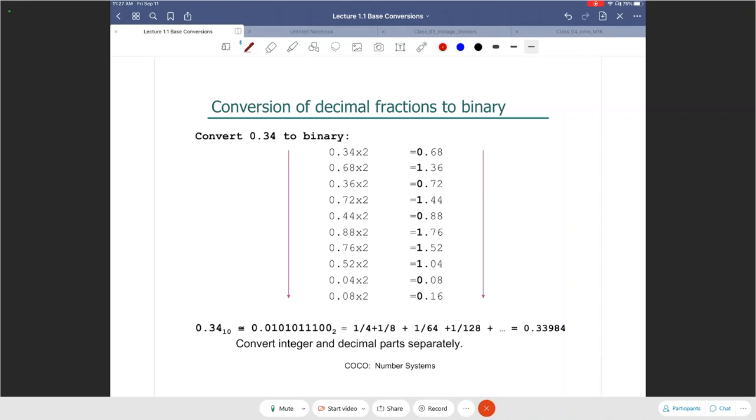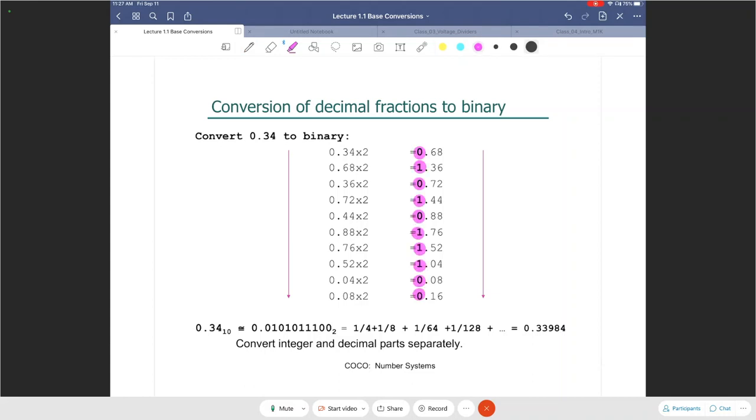Well, we can successively multiply by 2 and record the integers, right? That's our process. We looked at this in the previous 2 classes. So as you are multiplying 0.34 by 2 continuously and you are recording the integer part of the result, what did you have? You got a 0, 1, 0, 1, 0, 1, 0, 1, 1, 1, 0.